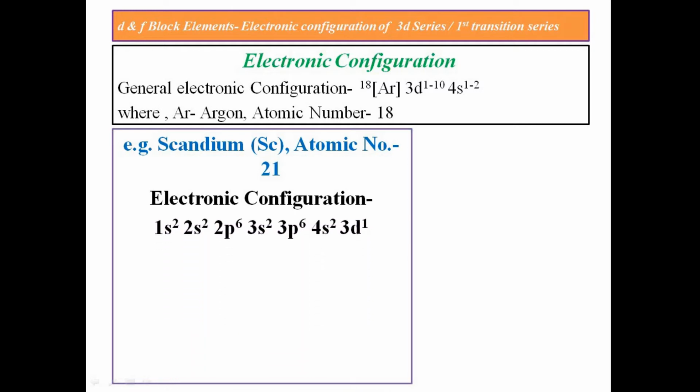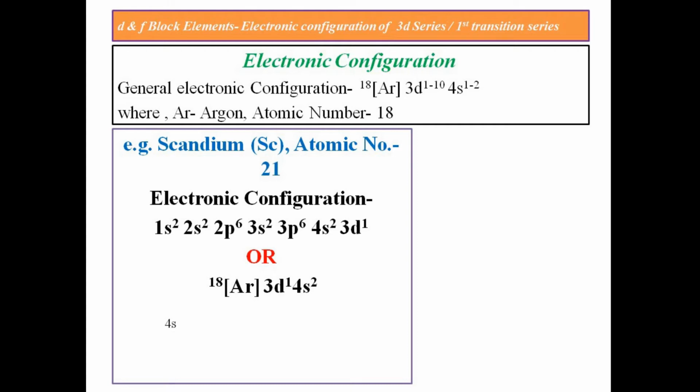So 1s2, 2s2, 2p6, 3s2, 3p6, 4s2, 3d1, or it can be written as [Ar] 3d1 4s2. So 3d contains 1 electron and 4s 2 electrons.